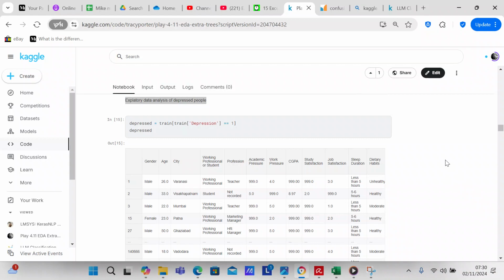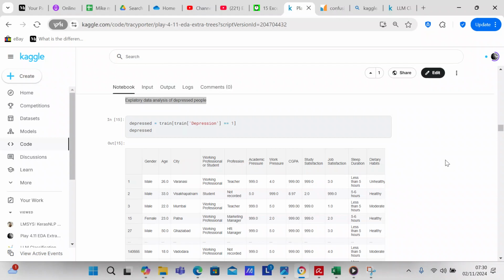In order to do the exploratory data analysis, we need to use the training set of the depression competition and read the CSV file into train. Then we need to filter out all of the depressed people, because the non-depressed people are 0 and the depressed people are 1.